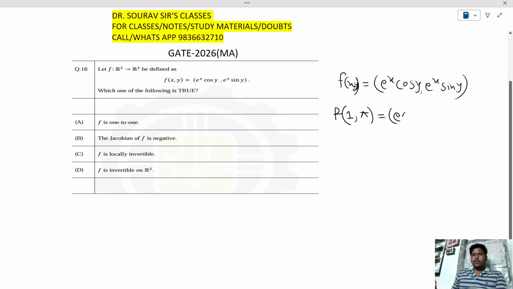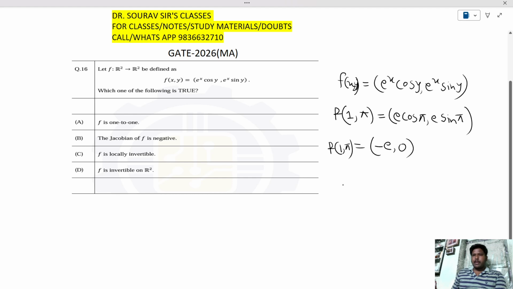It gives e cos pi and another is e sin pi. Okay, so cos pi means -1, so minus e comma 0. So we will get f(1, pi) is minus e comma 0.